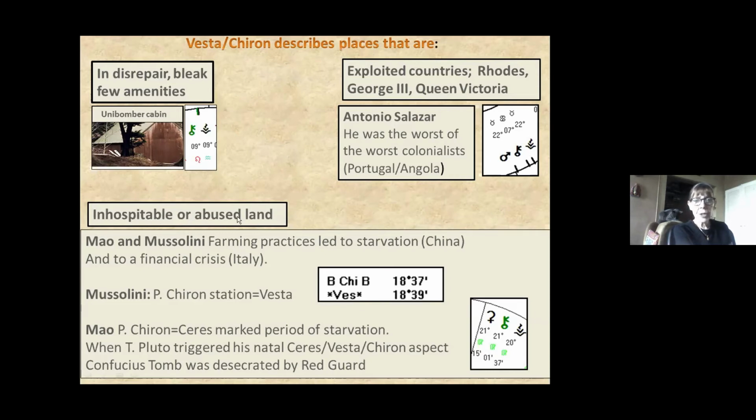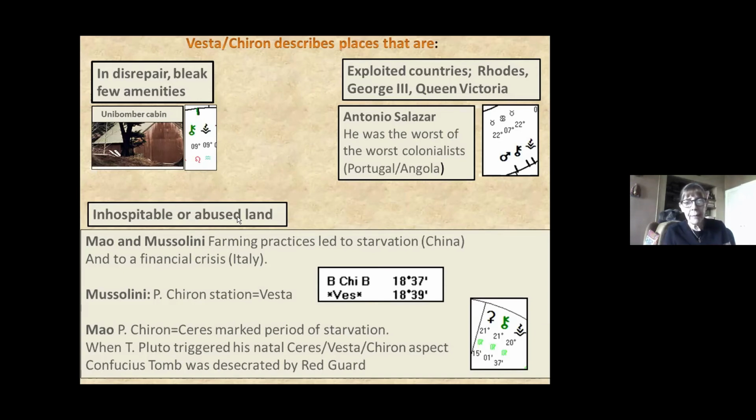Now, Vesta Chiron also has to do not only with exploited land and disrepair, but abused or inhospitable land. So Mao and Mussolini both had Vesta Chiron. Actually, Mao had it with Ceres, which accounted for the food part of it.